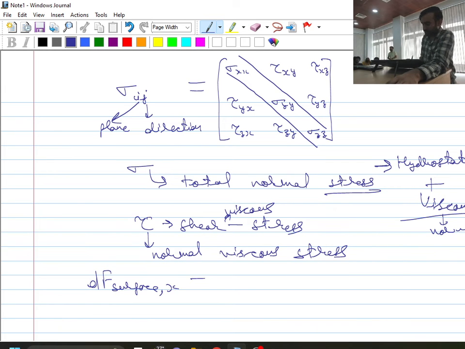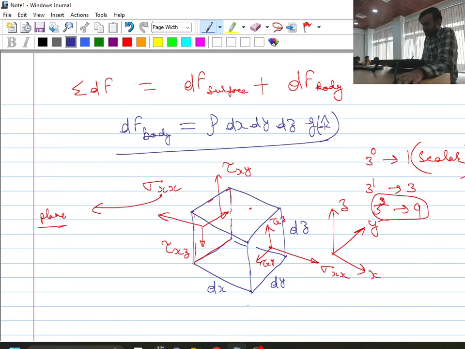What will be the total surface force in the x direction? You can see sigma xx is the normal stress acting in the x direction. Here also I have to consider the same thing.